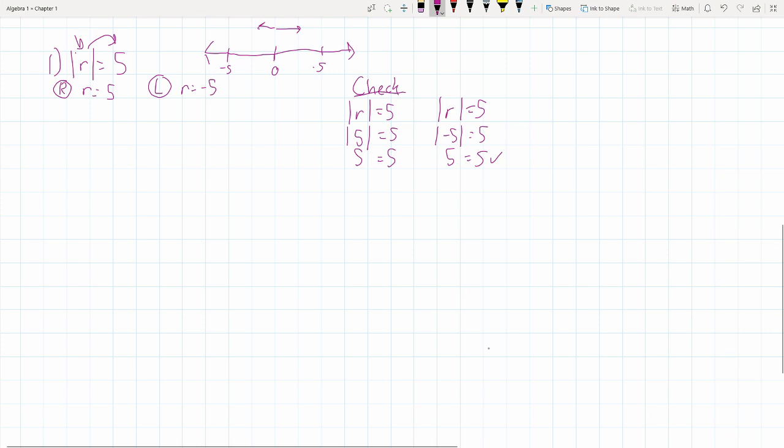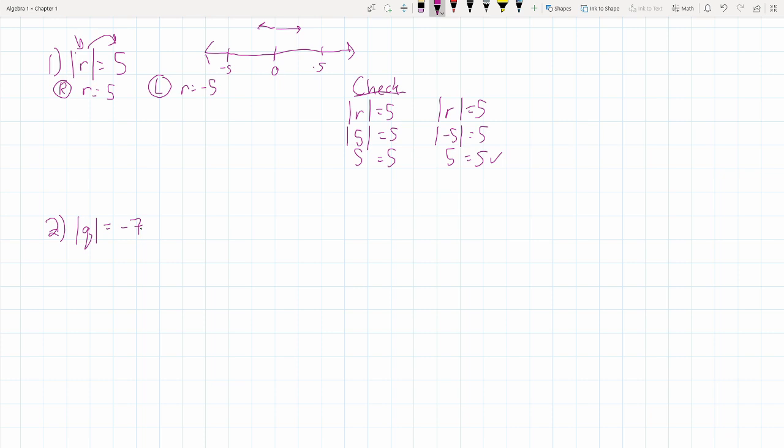All right, let's go to number 2. Number 2 says the absolute value of Q equals negative 7. We talked at the beginning that an absolute value means the distance from 0. Maybe you know, maybe you don't, but you actually can't go a negative distance.